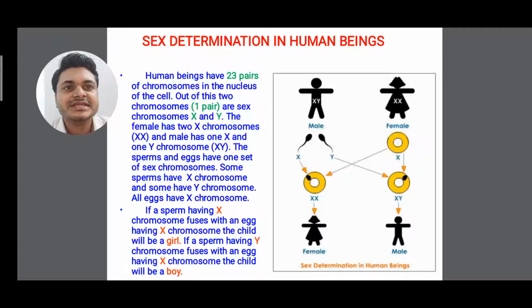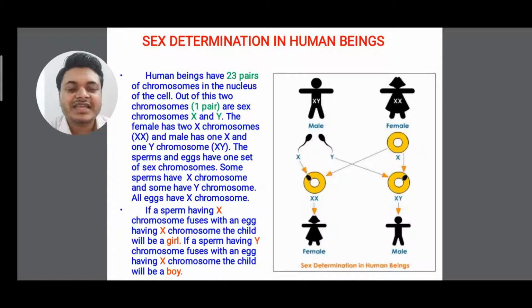So here it is written that human beings have 23 pairs of chromosomes in the nucleus of the cell. Out of these, one pair are sex chromosomes, that is X and Y. The female has two X chromosomes and the male has one X and one Y chromosome. As I have said, the sperms and eggs have one set of sex chromosomes. Some sperms have an X chromosome and some have a Y chromosome. All eggs have an X chromosome.